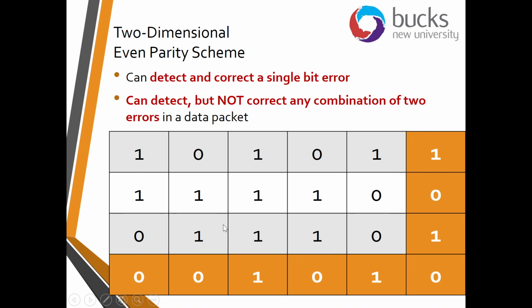So we arrange the data into essentially an array of rows and columns, and check the parity of each row and each column. If we get an intersection of parity issues, then we know which bit is problematic. That is how it's going to work.